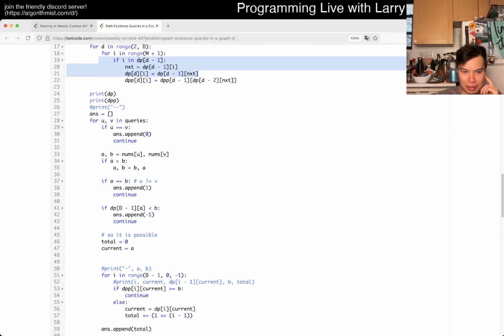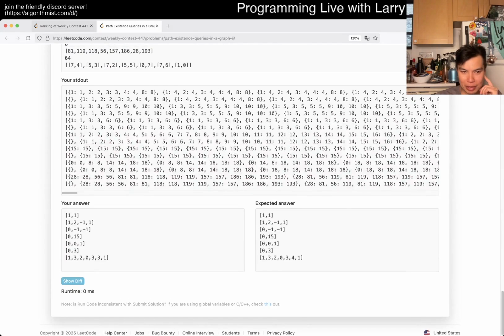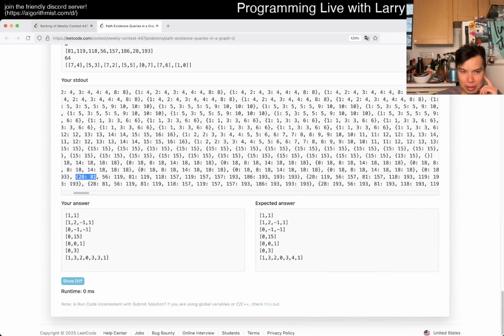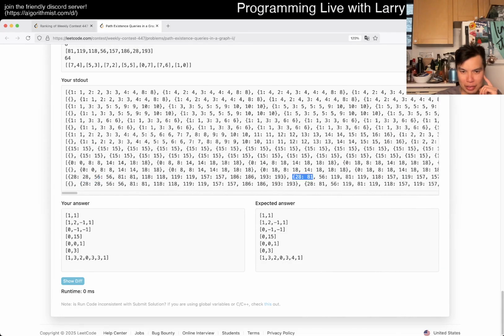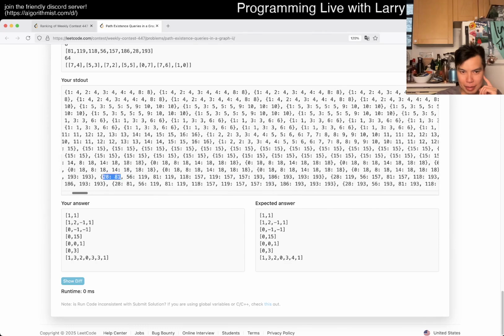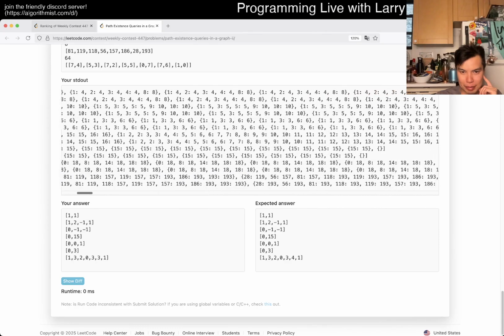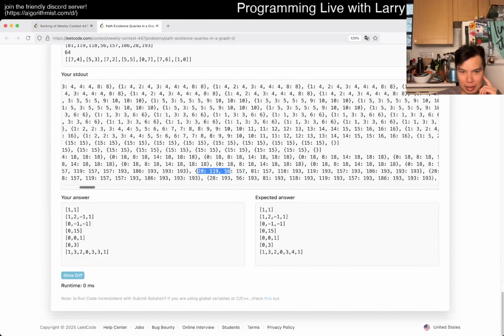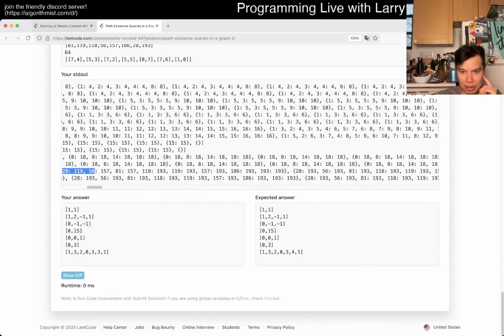I put it. Okay, so 28 goes to 28. 2 steps, it goes to 81. 4 steps. No, this is 0 steps. This is 1 step. This is 2 steps, which seems right? And then this is 4 steps.